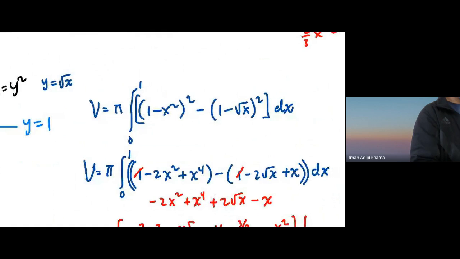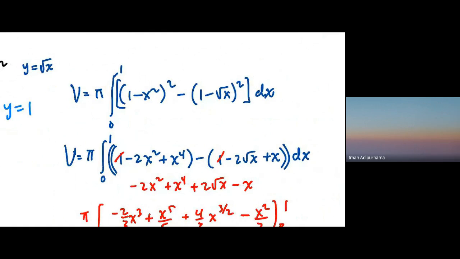Then we can write down the formula using the disk or the washer, because it has a hole. So pi times the integral from 0 to 1, that's the intersection between those two curves. The first one, the outer radius, is 1 minus x squared, then squared. This is just like the area of a circle.